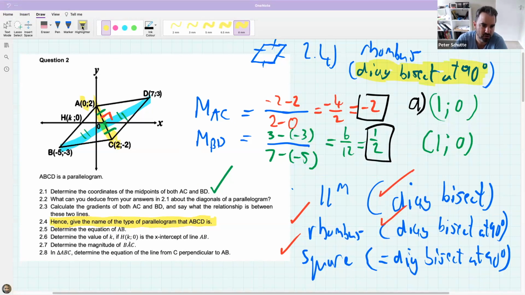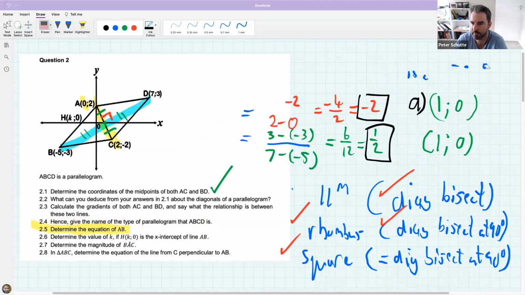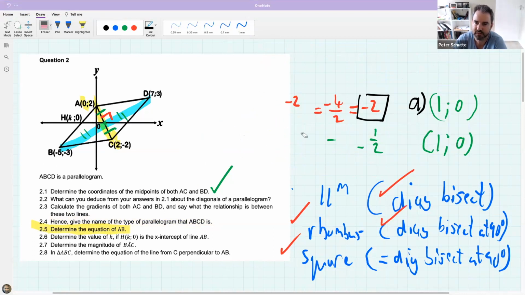I want you to find me the equation of AB. So find the equation of the line AB, which is on this thing here, while I clear this up. I just mustn't forget the gradients and the points and stuff.